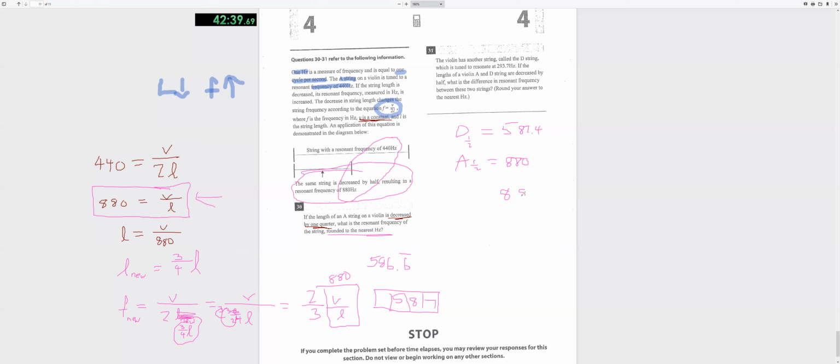But they want to know what the difference is. So 880 minus 587.4 is 292.6. We need to round this to the nearest hertz. So therefore, our answer is going to be 293.